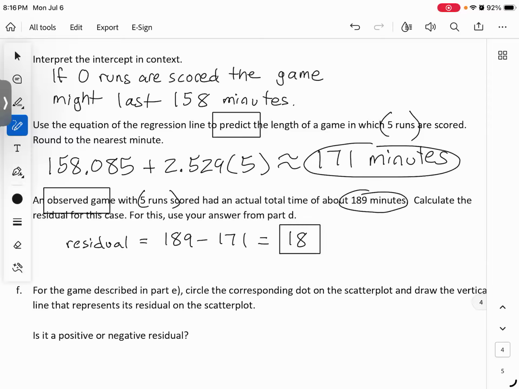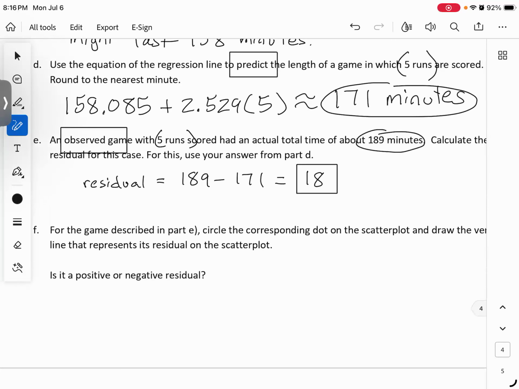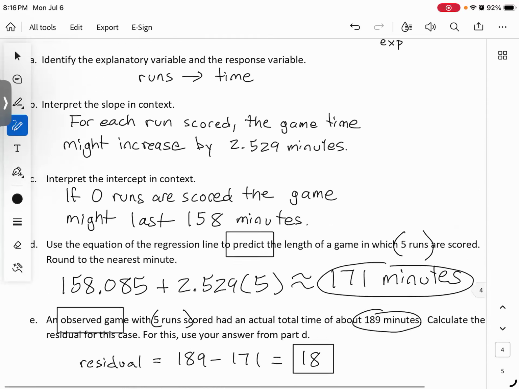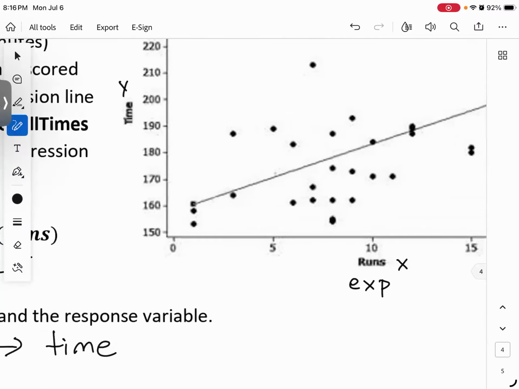And I thought this would be nice for us to do a quick little check, like, where is that 18 at? If you go to the game that was just being described, where 5 runs were scored, which is right here, and there it is, straight above, there is the game that they're talking about.